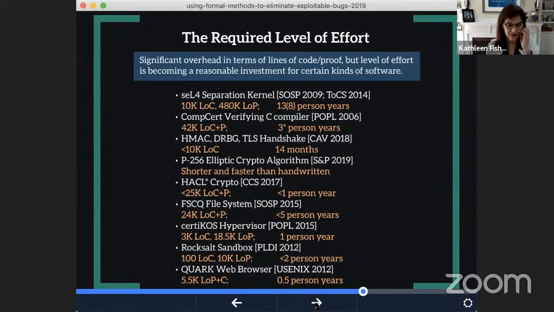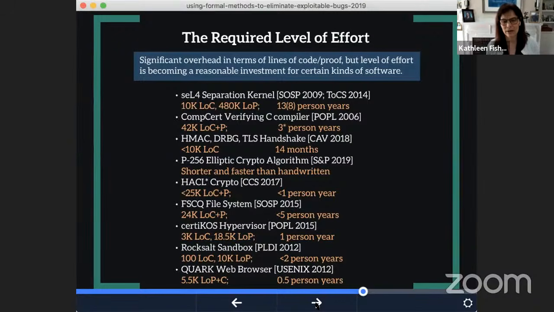So we saw with the SCO4 example that the overhead for the proof was really quite high. This chart shows a number of the exquisite artifacts that I mentioned earlier that would be useful for building more high assurance systems. It shows what they are, how many lines of code they are, and then how much time it took. And you can see that the SCO4 project is really quite an outlier; most of the systems are substantially less.